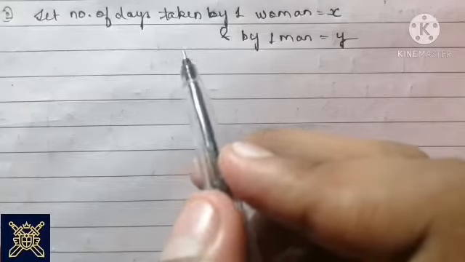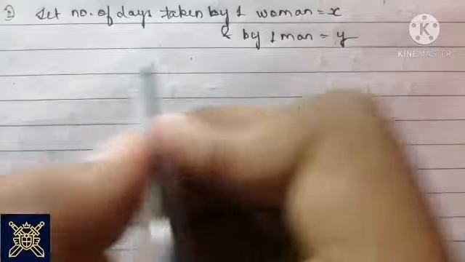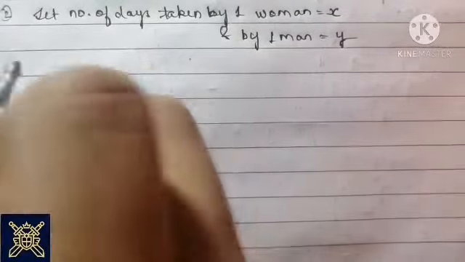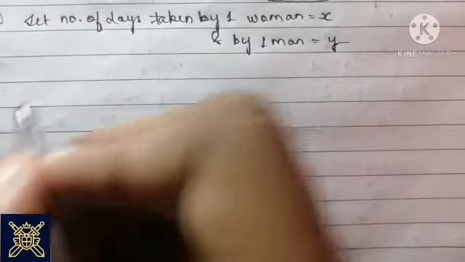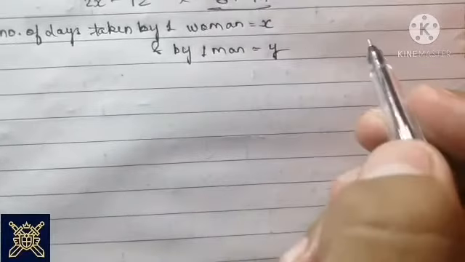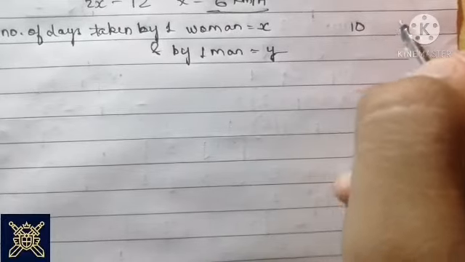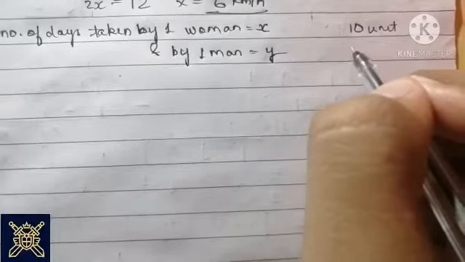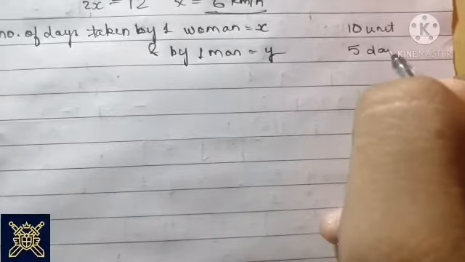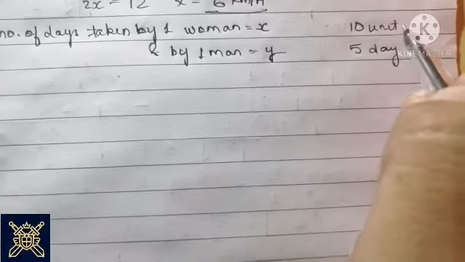how much work is done by the woman in one day. So if the number of days is x, let's take an example. If we are doing 10 units of work in 5 days, you can find how much work we are doing in one day.